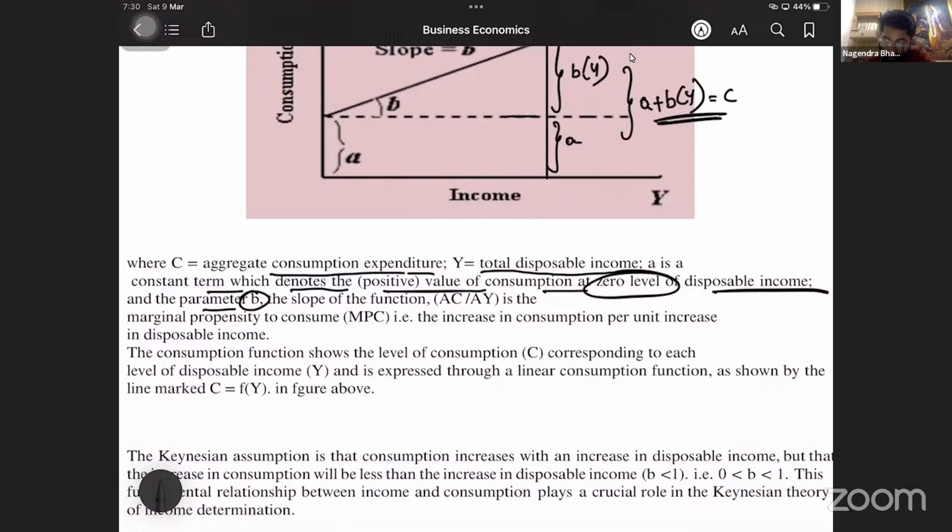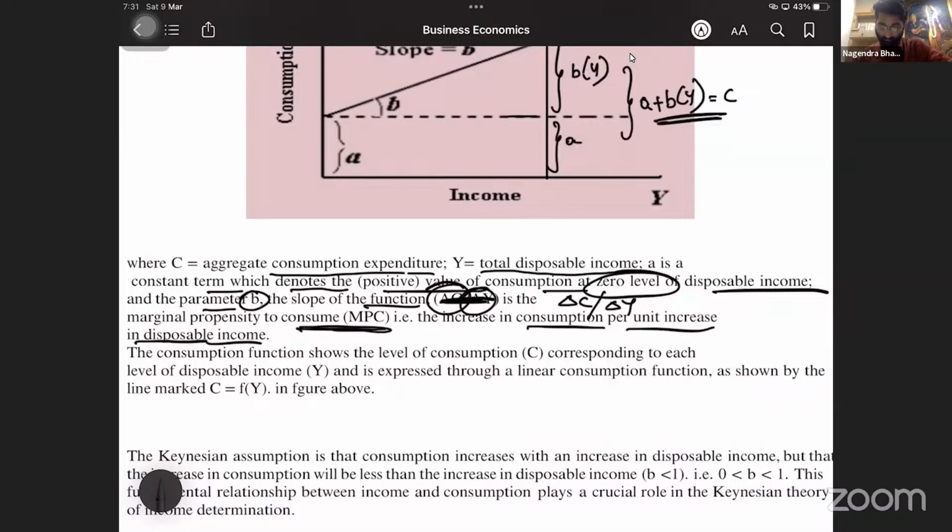And the parameter B is the slope function, delta C divided by delta Y. It's not actually AC by AY, it is delta C divided by delta Y. This is marginal propensity to consume, called MPC. Increase in consumption per unit increase in disposable income.